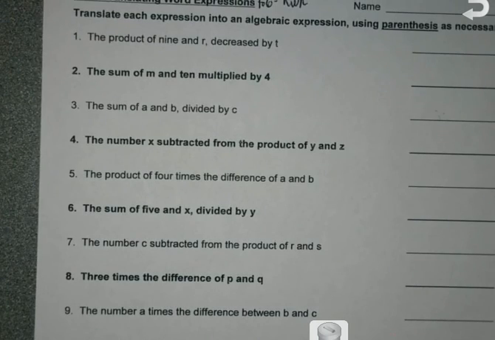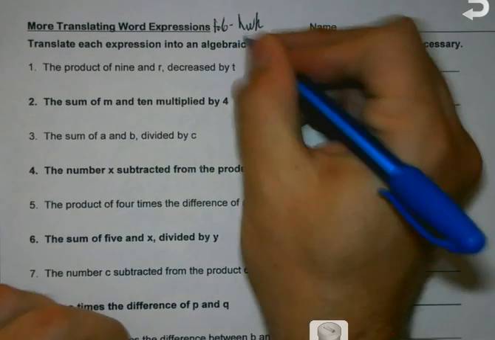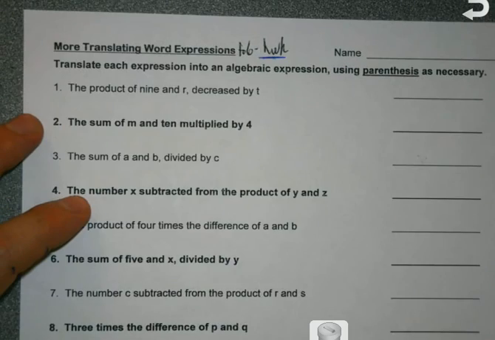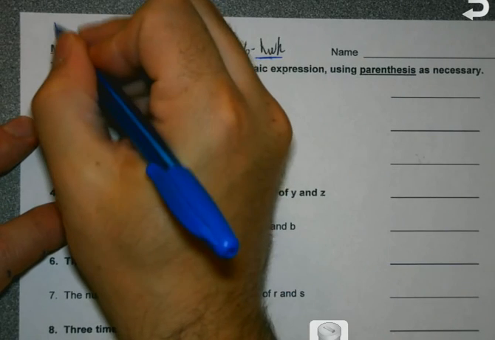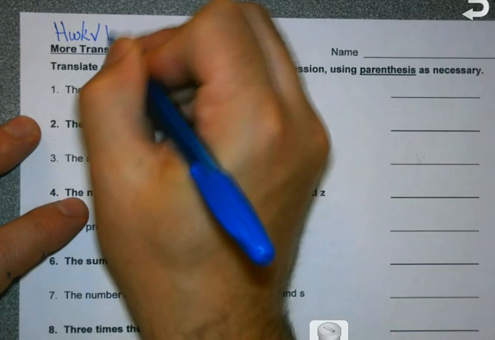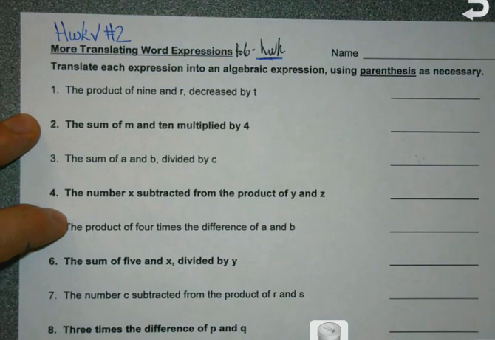This other sheet that looks kind of like the back sheet that we just did is the actual homework. So now, we're labeling everything, so I'm going to make sure I label this. This particular one is going to be homework check number 2, which again will be next week.